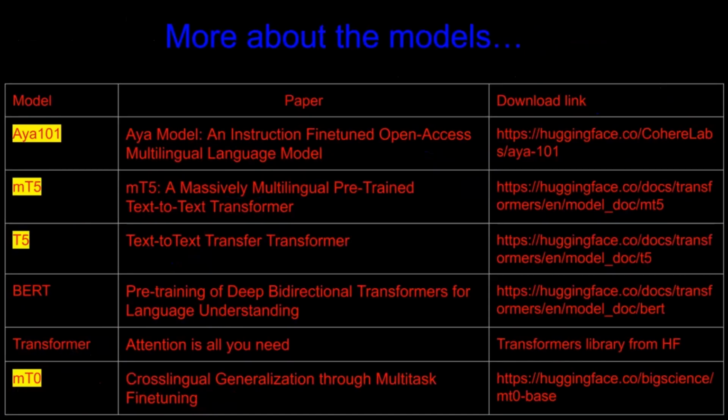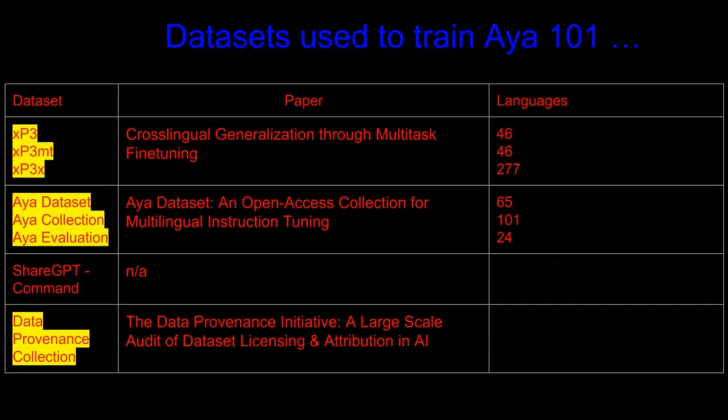All right, so all of these models that I just showed in the previous slide have papers, and I spent the last 2 weeks or so reading all of these papers and will share all of them with you one by one. In addition to these models, the Aya model is trained on certain datasets, and there are papers that describe those datasets as well.